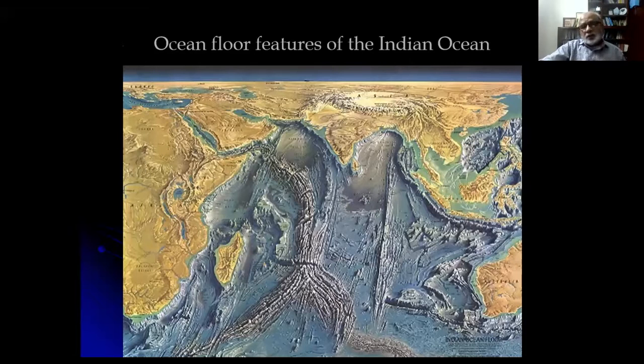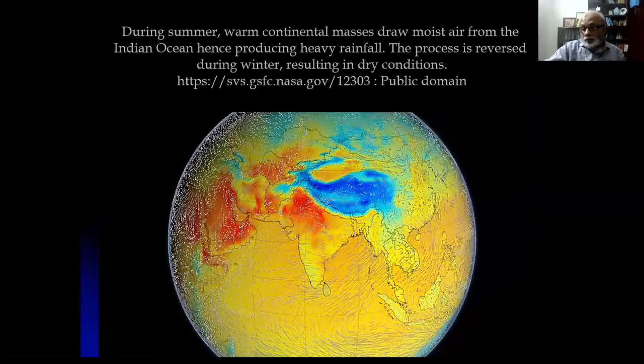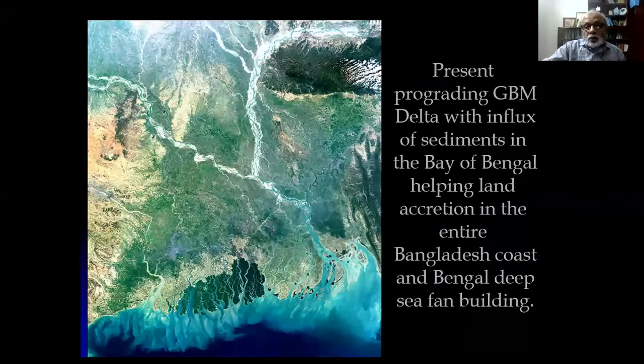The continental shelf has a water depth of maximum 20 meters to 200 meters. But the Swatch of No Ground, which is located somewhere here, has about 1,800 meters water depth.